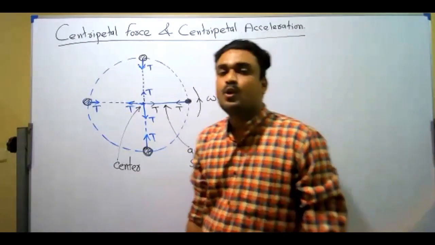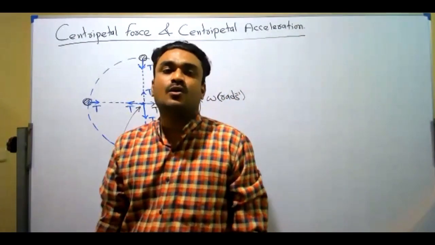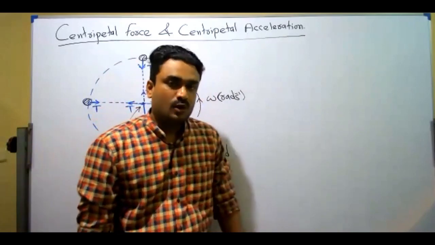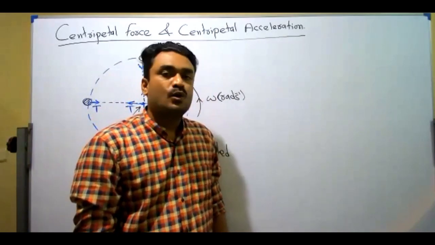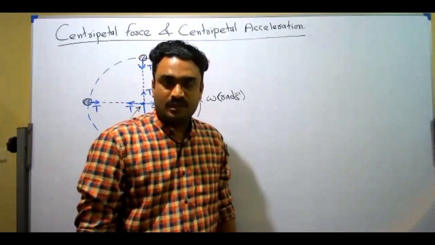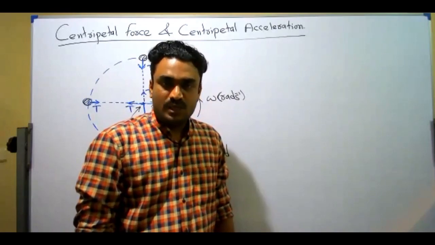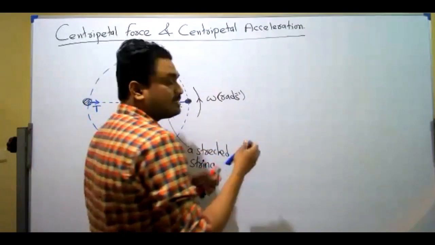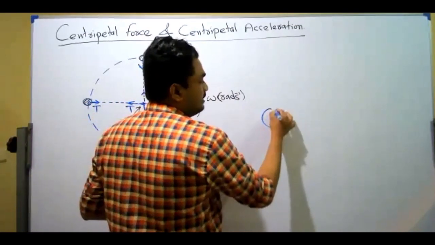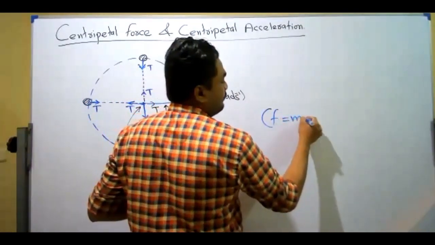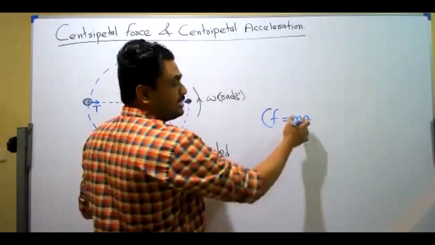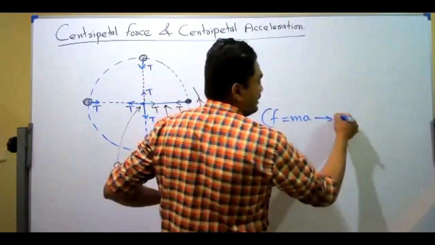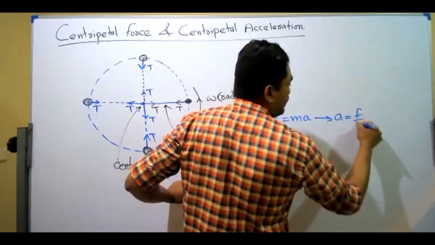According to Newton's second law of motion, within brackets, F equals ma. If you take m to this side, you will get a equals F over m.